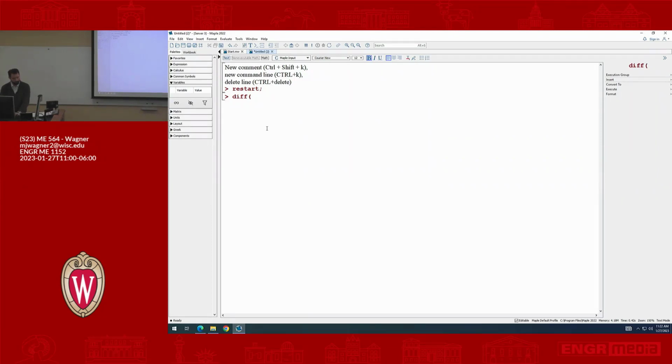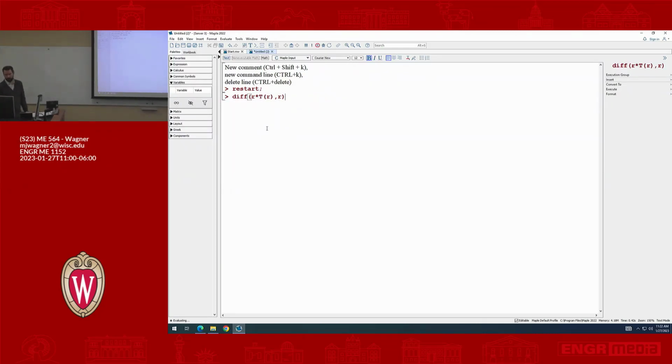We're taking the differential of r times t of r with respect to r. Note that t is a function of r because I've written t parentheses r. That indicates that t depends on r, and Maple needs to know that, otherwise it's going to think t is a constant. So there's a functional relationship there.